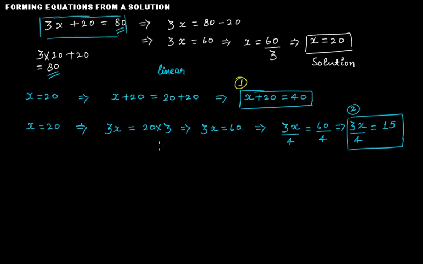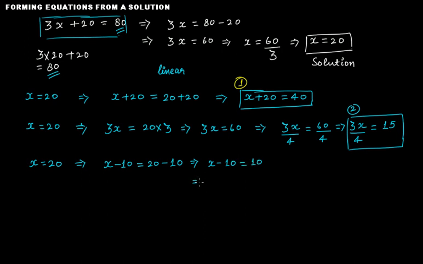I can make one more equation from this given solution, that is x = 20. Now what you have to do is take anything, like subtract 10 from both the sides. So this will become x - 10 and 20 - 10. If you solve this, you'll get x - 10 = 10.